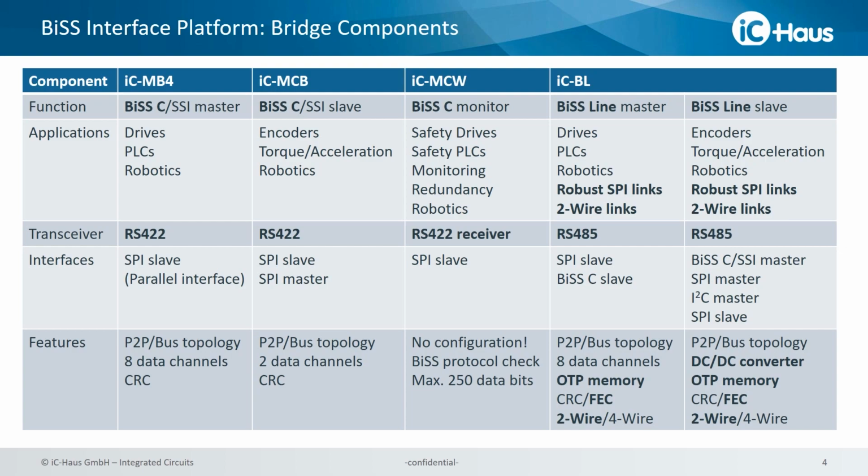All the components comply with the corresponding protocol, so with BiSS or BiSS Line, and iC-BL even provides further features such as a DC-DC converter, which is used to generate a sensor supply voltage, and a one-time programmable memory that allows you to save the configuration of iC-BL without the need of an external EEPROM device. And of course, forward error correction is already performed on chip.